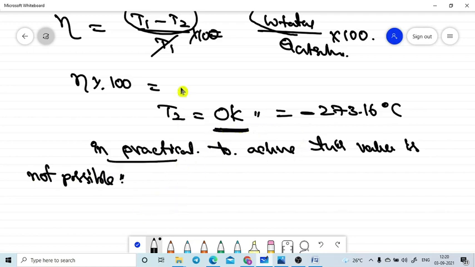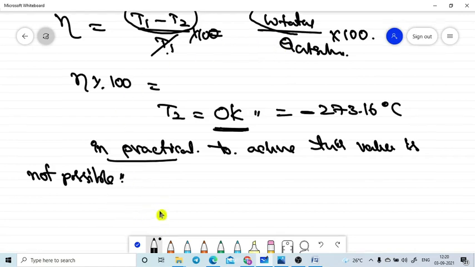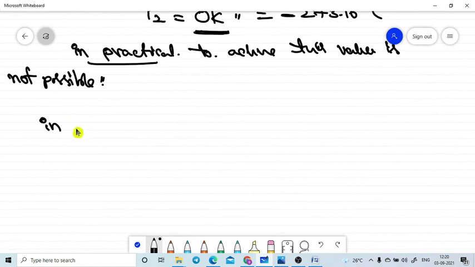That is why T1 minus T2 never equals T1 only, and the total work done is never equal to the Q absorbed from the source. So in practice eta percentage is always less than 100%.